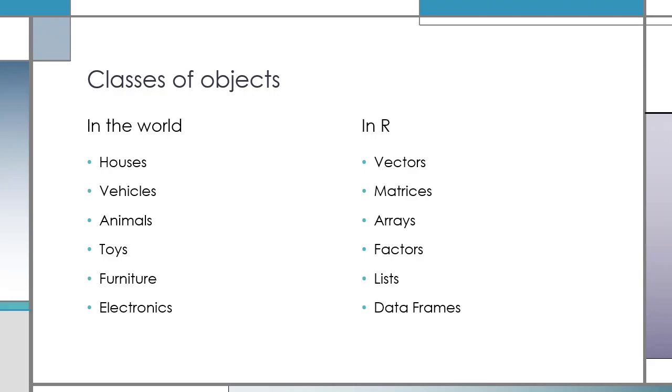So the first class we're going to look at, naturally enough, since it's first on this list here, are vectors. And vectors are hugely important in R. Vectors are really the basic building block in R, the basic data type, the basic classification that we can have.